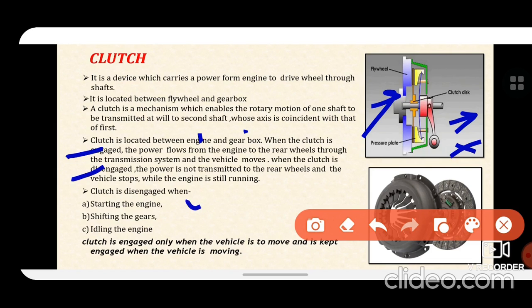Clutch is disengaged when starting the engine, during the shifting of the gears, and when the engine is in idle condition. Only during these three conditions is the clutch disengaged from the flywheel or engine side and the transmission system. Clutch is engaged only when the vehicle is to move and is kept engaged when the vehicle is moving.